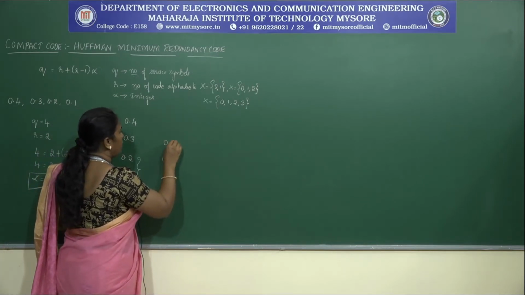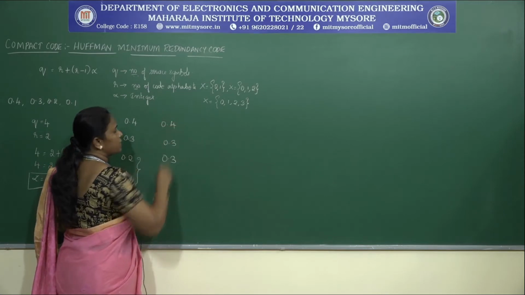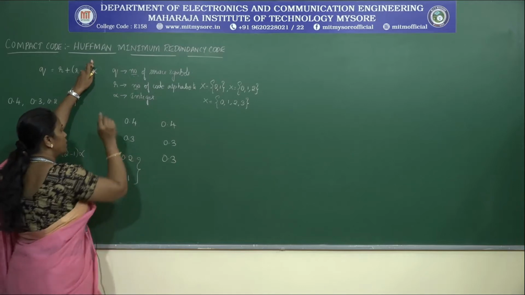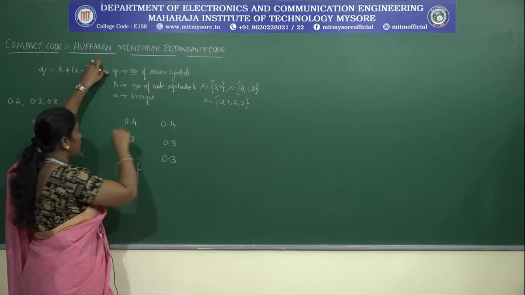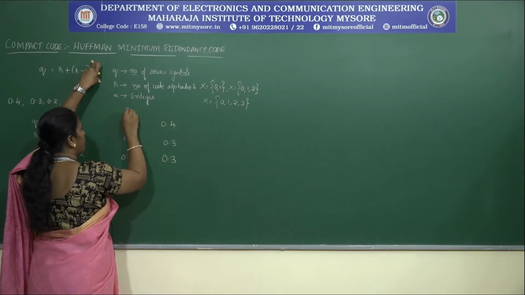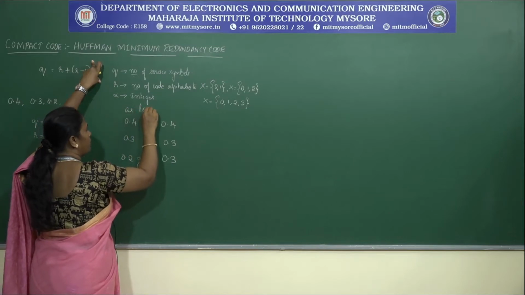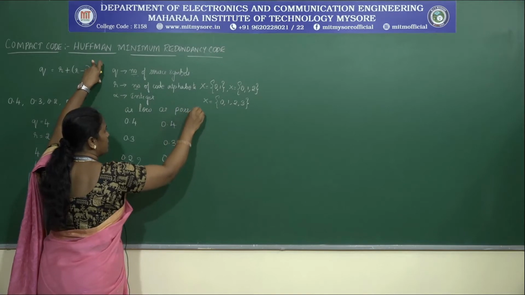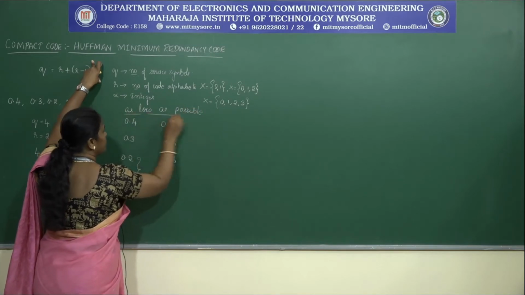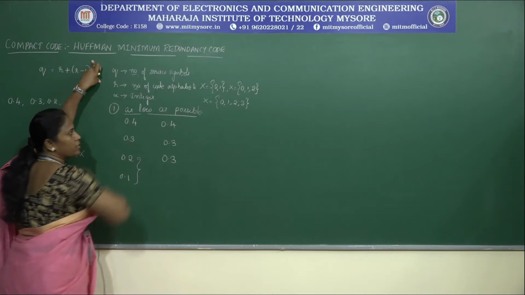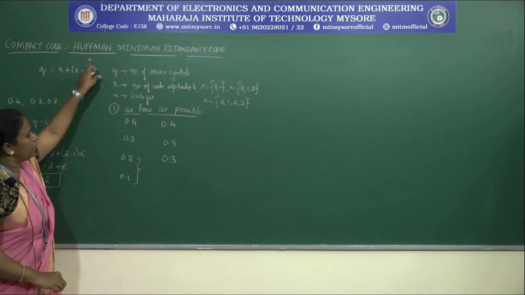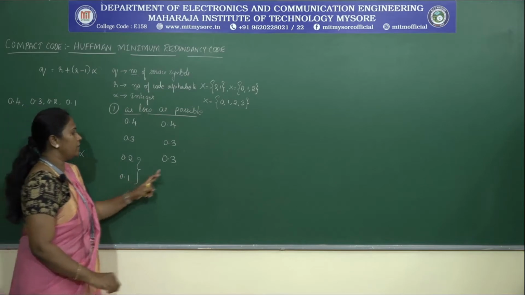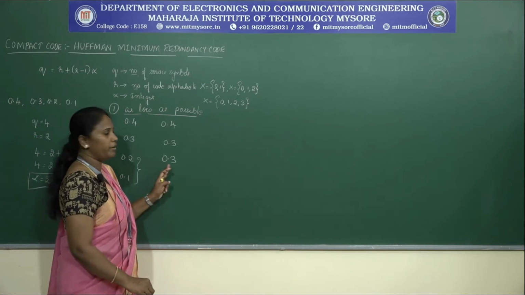We have 2 conditions which need to be satisfied with respect to this Huffman encoding. In the problem itself they will mention whether you have to perform as low as possible. The first case we will consider here is the as low as possible condition. When you sum the 2 probabilities, the sum is 0.3.